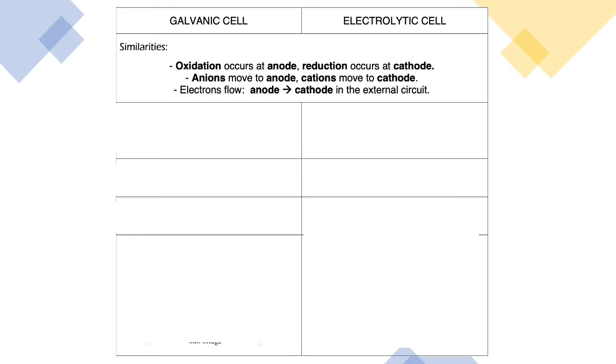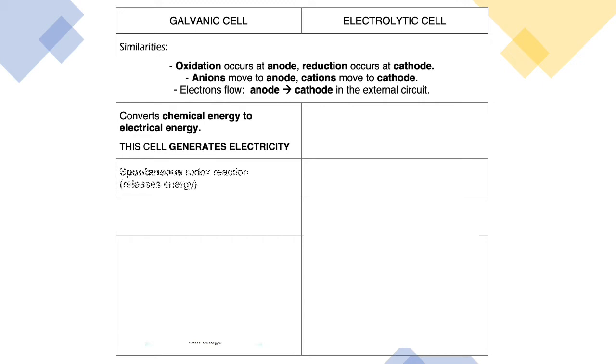However, let's take a look at the difference between these two cells. A galvanic cell converts chemical energy to electrical energy, and this cell will generate electricity on its own. To generate electricity, the redox reaction must be a spontaneous redox reaction.